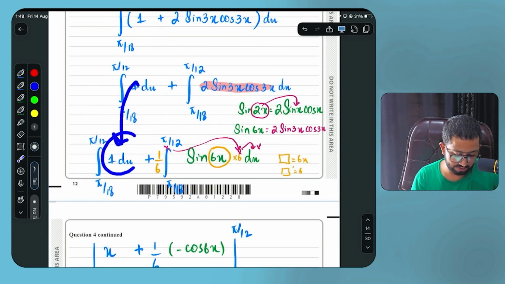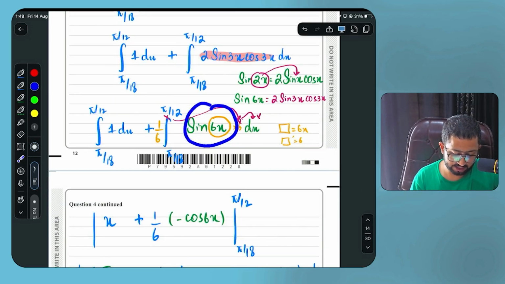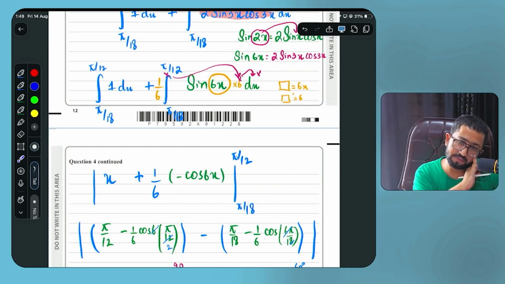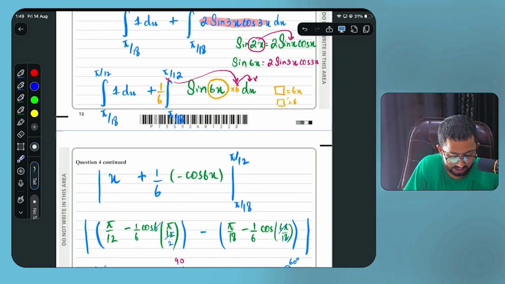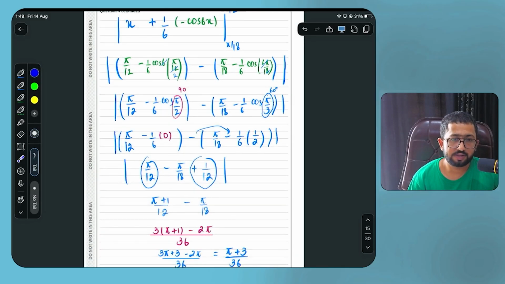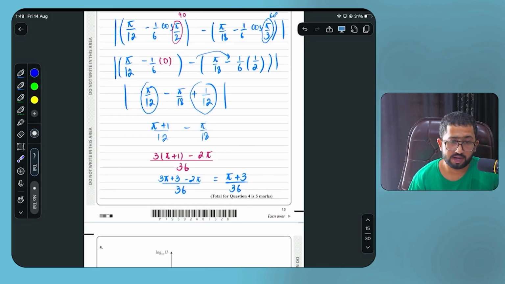And the integration of sine is always minus cos. You can't integrate any function directly until the derivative of the angle is present outside the operator. Then just simplify and apply limits, and we'll get the final answer.